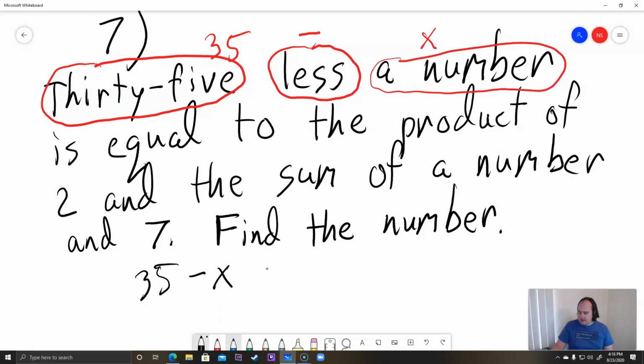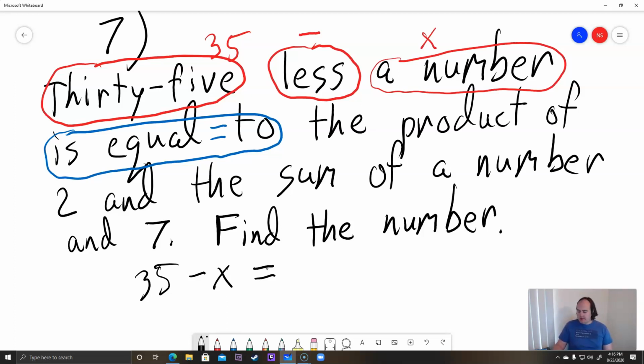And then they say is equal to. Well, remember, is equal to means we write the equals symbol. Okay, so far we have 35 minus x equals, and then we have the product of 2 and the sum of a number and 7. Uh-oh. So that's pretty complicated, but let's start with the product.